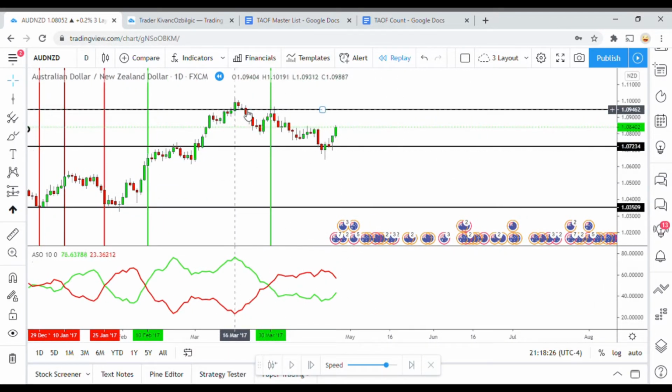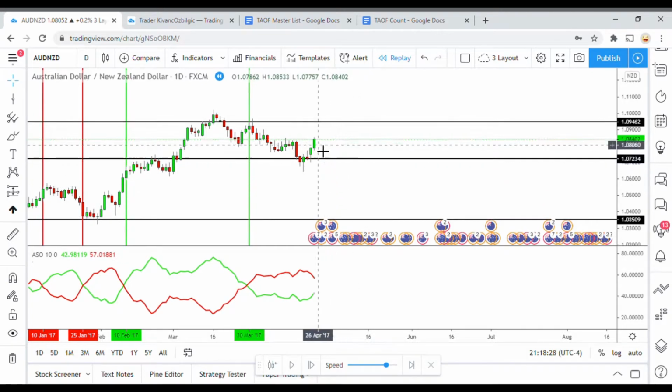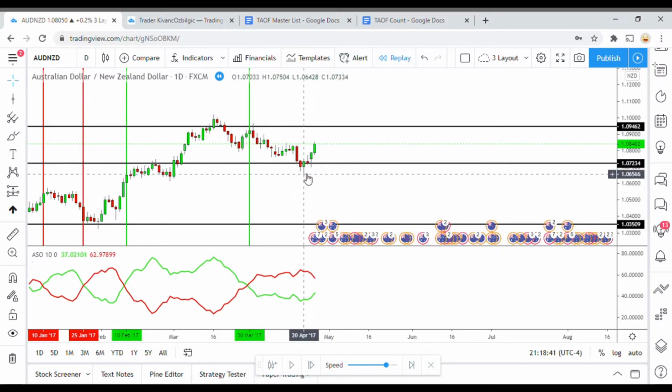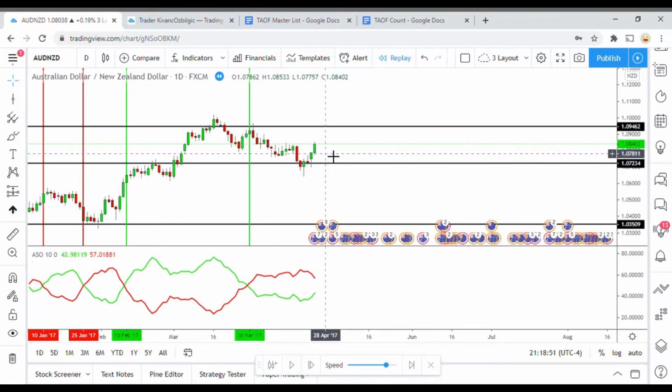And you see it came down and it bounced right off this zone here. Now that's not a really strong move that took place there, and so I don't have a lot of conviction in it being able to really just shoot straight up and out of here. I mean, it very well could, but it hasn't had a lot of downward movement yet. Not enough to really give it a lot of momentum.